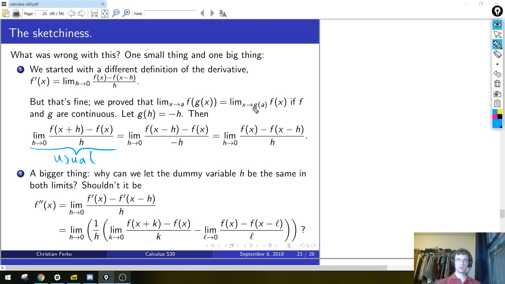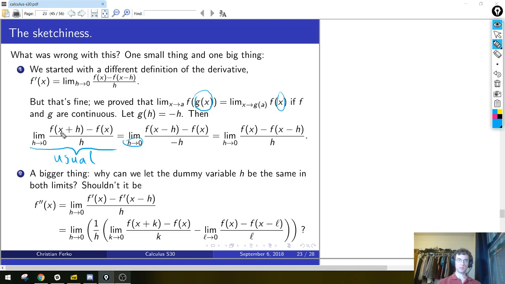So I can take the limit as h goes to, well, the image of 0 under this function. If h goes to 0, then minus h goes to minus 0, which is still 0. So I don't have to change the bounds in the limit. I do have to change the piece that goes inside the function. So I have to change all my h's to minus h's if I want to use this theorem.